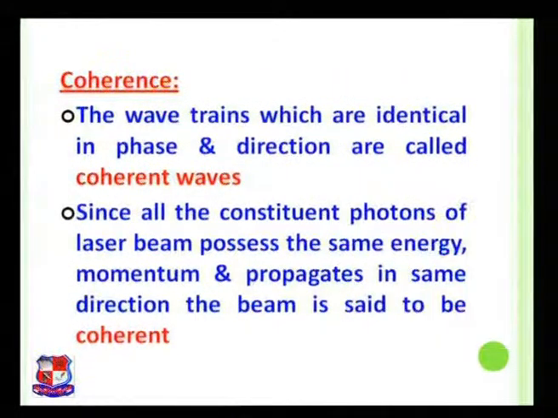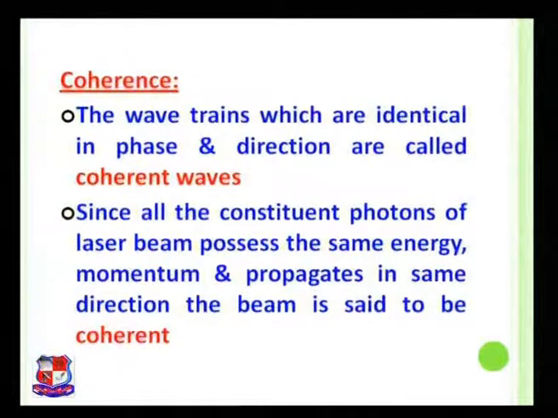Coherence: the wave trains which are identical in phase and direction are called coherent waves. The words wave trains are used for many waves, that means serial waves which are identical in phase.